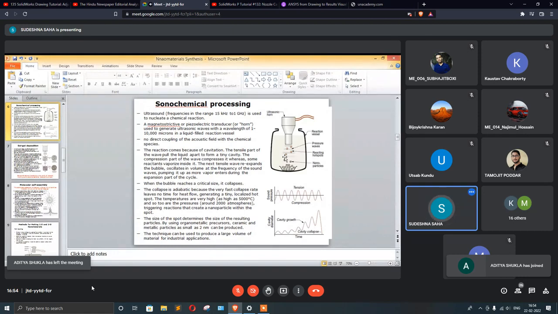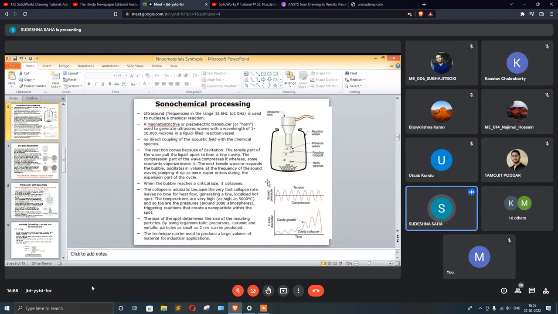Although the price is still on the higher range, the time requirement for nanomaterial preparation is so low in this method.